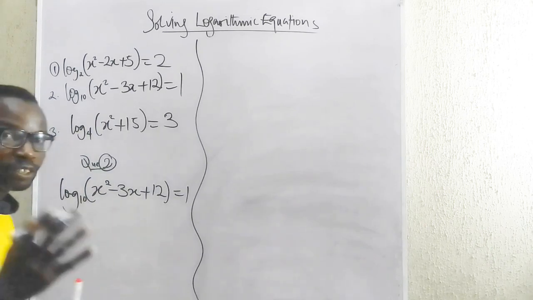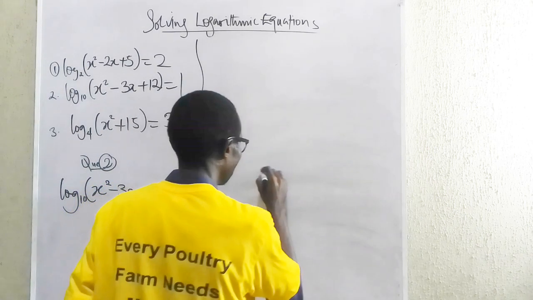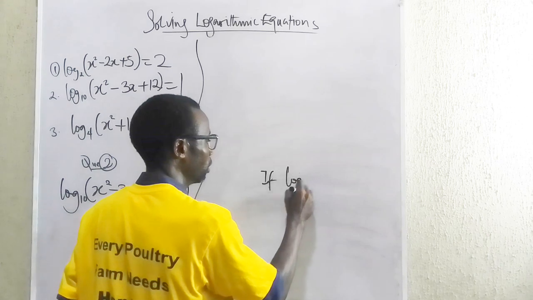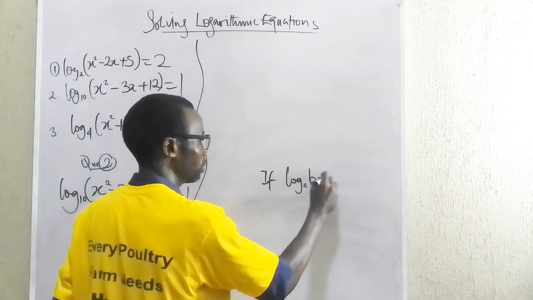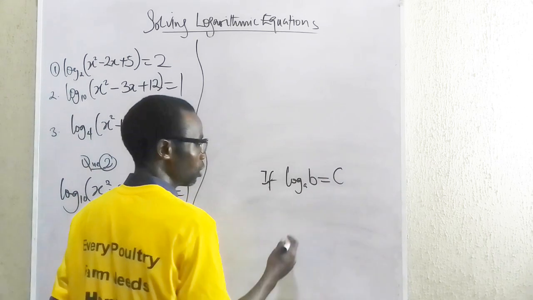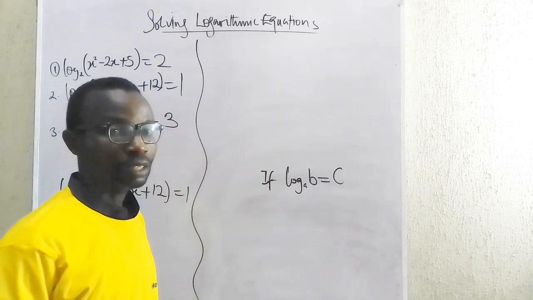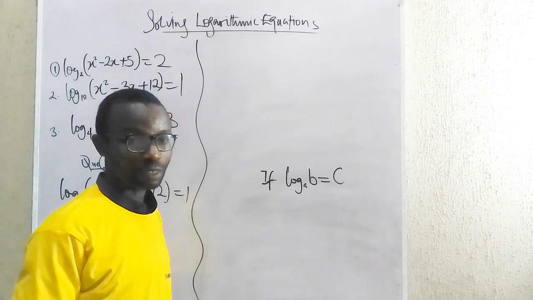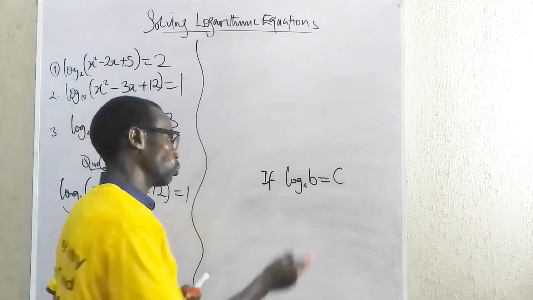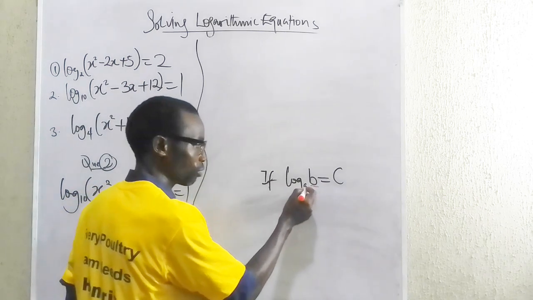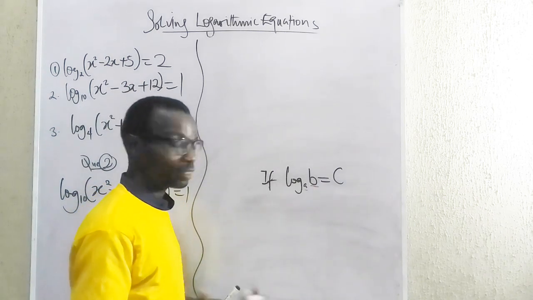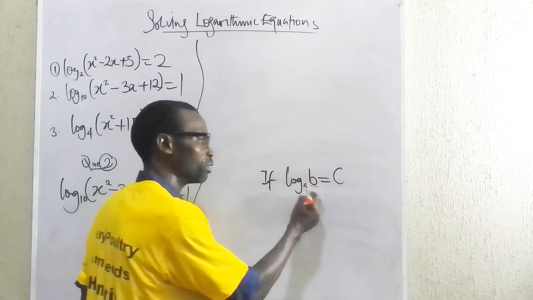Now, it is from the original law that if log in base a of b is equal to c, what that means is this: by defining logarithm, it means the log of a number to a particular base. So the log of b to a particular base a is the number of times a will be raised.